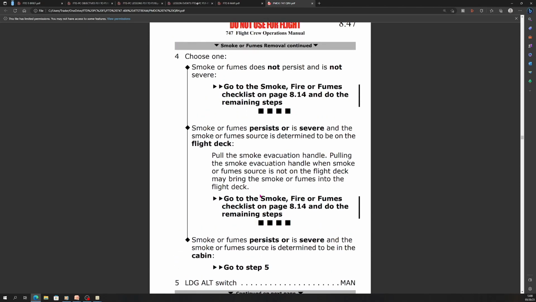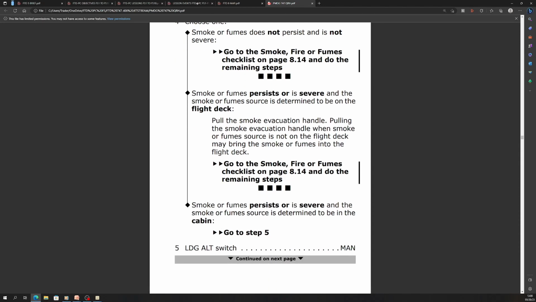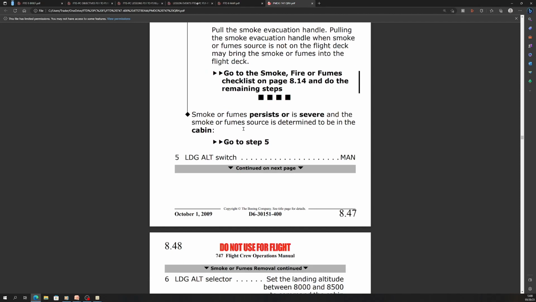So the conditions are, it's getting better, okay, go back to the checklist. Maybe the checklist is done, then you don't need to do anything because it's not getting worse. If it is getting worse and it's on the flight deck, we're going to do this. If it's in the cabin, we're going to go do this.